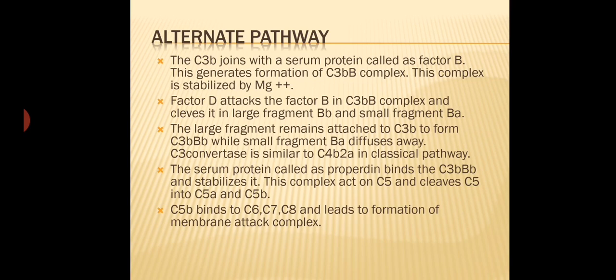Now the C3 convertase that is formed is similar to C4b2a of the classical pathway. It is equivalent to C4b2a in the classical pathway. Now the serum protein called properdin, which is another factor, is going to bind C3bBb and stabilize it.